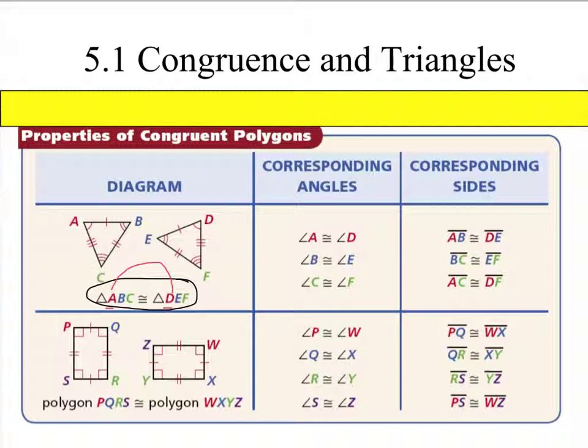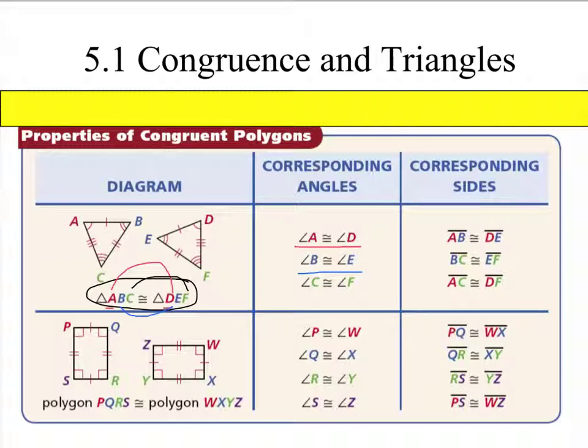So because it says triangle ABC is congruent to triangle DEF, angle A and angle D are congruent because they are in the first position. Second position, B and E, because those two are the second letter in that statement of each corresponding triangle, they are congruent as well. Angle B is congruent to angle E. Lastly, angle C and F, those are also congruent because they are in the third position of that congruent statement.